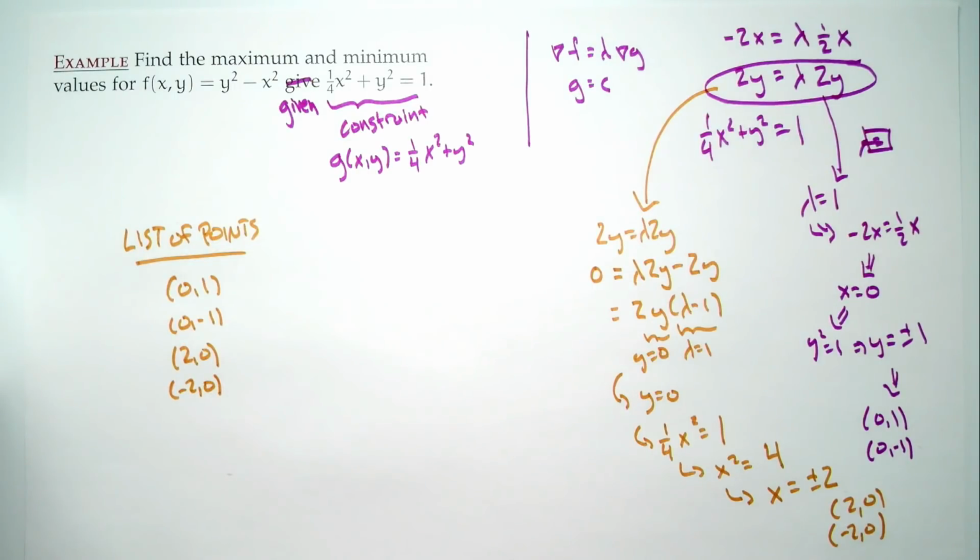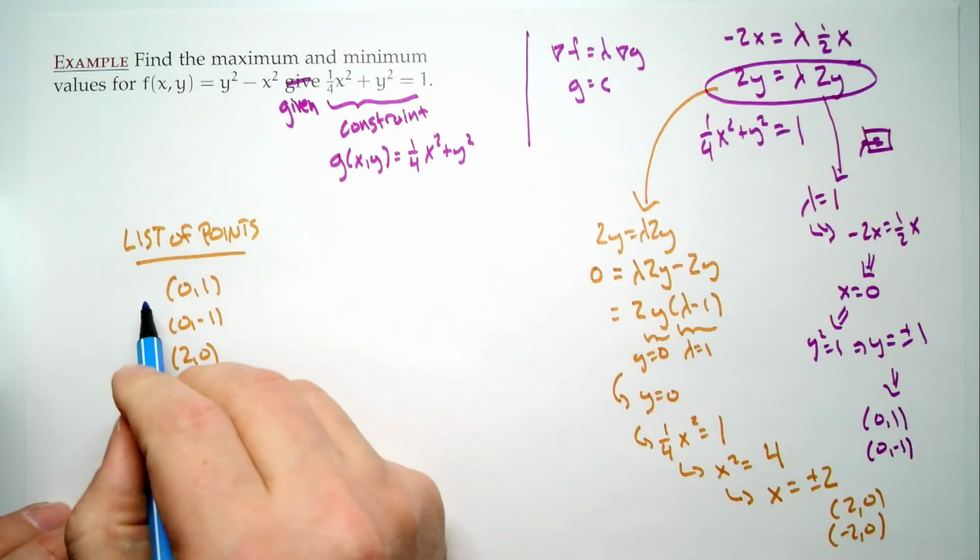So these points represent all the points which satisfy our constraint and also have the two gradients parallel. So our optimum has to be at these points. So how do we figure out which one is the max and which one is the min? Yeah, we evaluate.